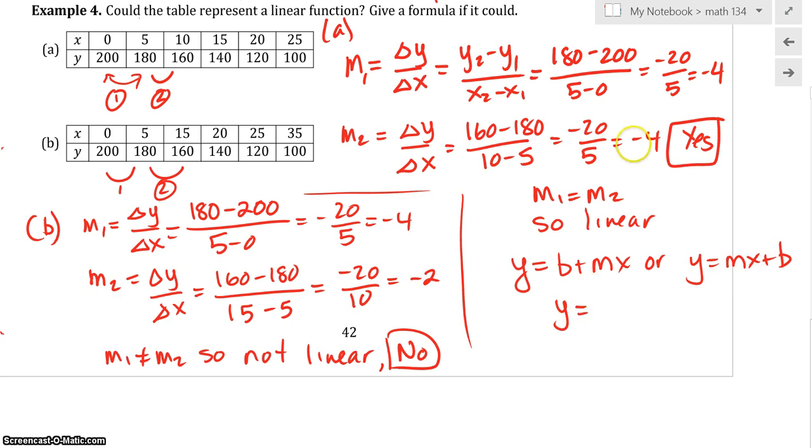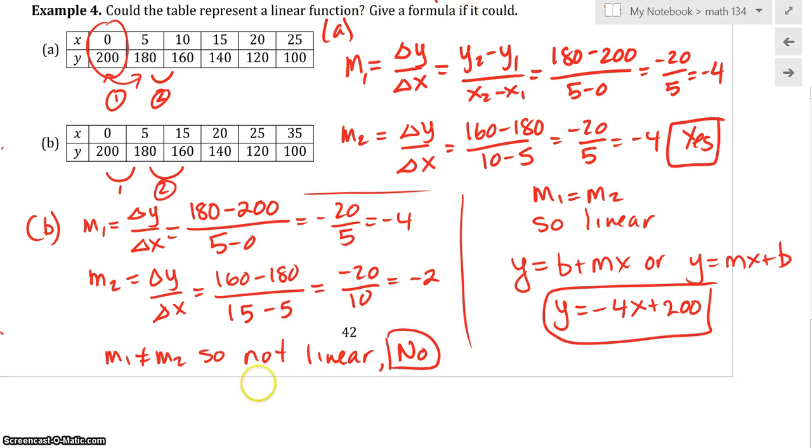Because what is the m? We just found the m, negative 4x. And the b is the initial amount, so that's right there, plus 200. So it did say, give a formula if you could. By the way, part B, since it's not linear, we do not know the formula for that yet.